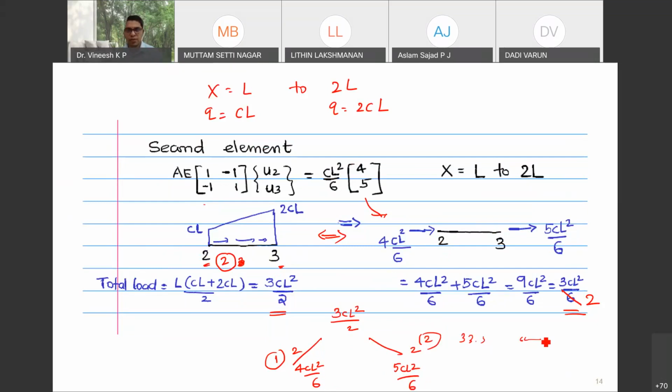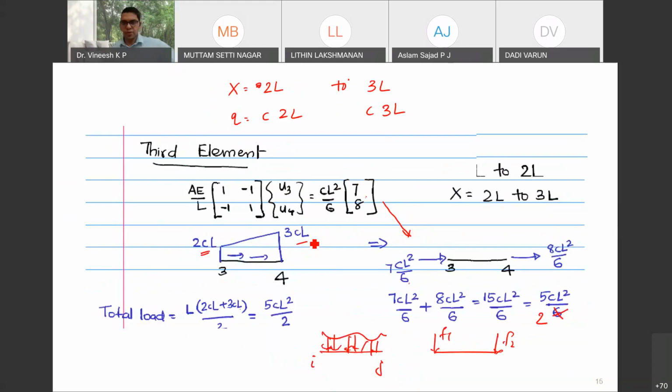It's not exactly 33% because if you look at a triangular load, this triangle will be distributed 33.3% here and 66.7% on the other node. And this rectangular loading is applying 50% here and 50% here. So that will be the sum of that one. Okay, that is what you need to understand.